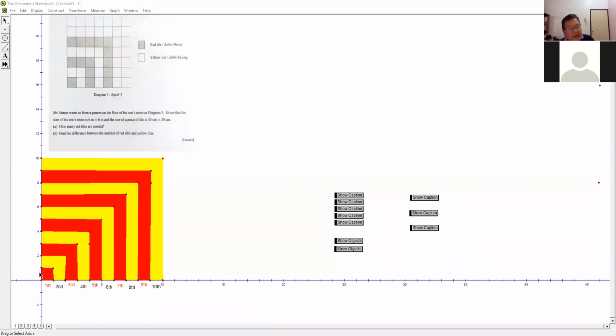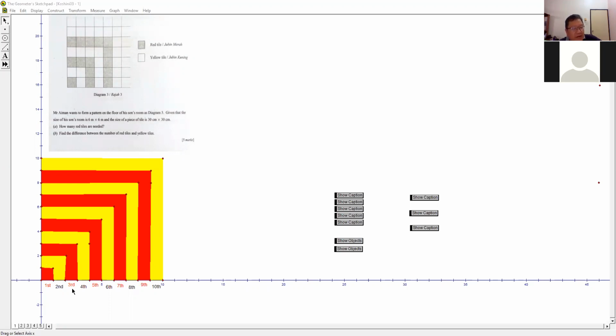So the first layer is this one, second layer is this yellow color, third layer is the red color, fourth layer is the yellow color, and so on. I have labeled them at the bottom here. The red first square, I call it the first layer, and this yellow L shape, or maybe 7, you can look at it as 7 or L, I prefer to call it L shape. So this L shape is the second layer.